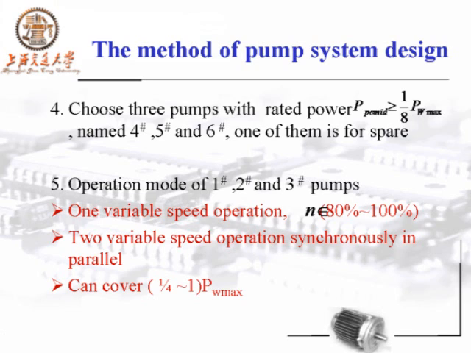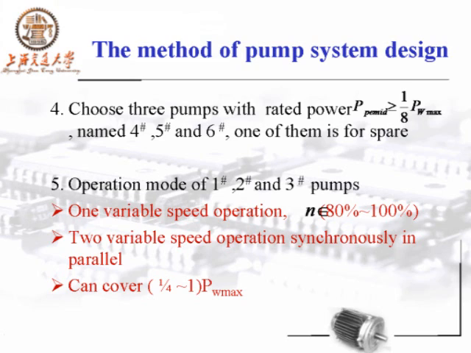In such an operation mode and under this condition, we have one variable speed operation, one pump operating at variable speed. Its speed varying range is 80% to 100%.